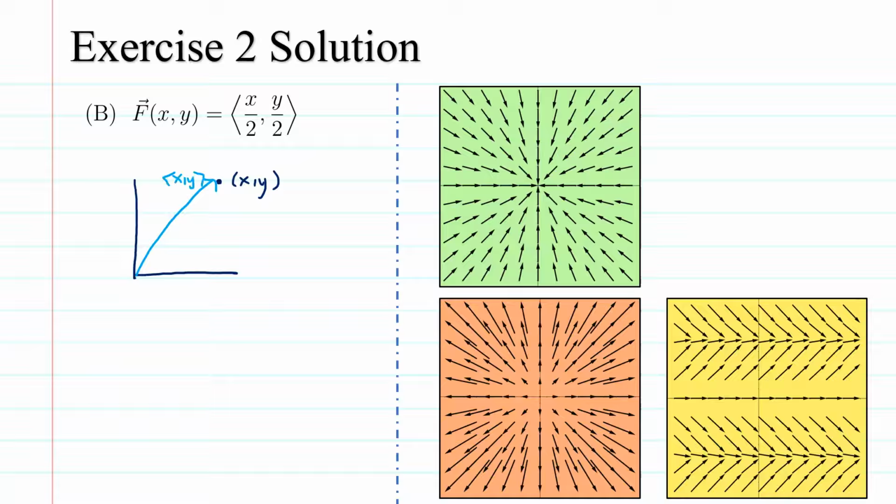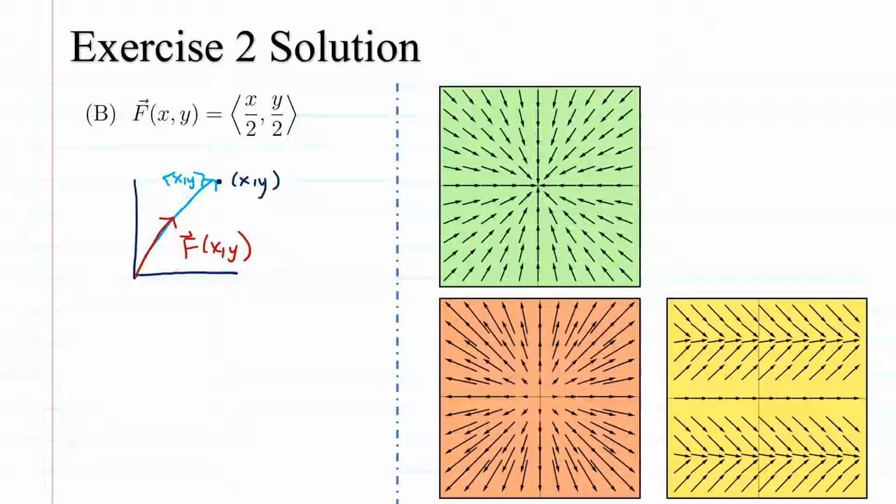Tapos take note, yung ating f of xy na given ay half or 1/2 times the vector xy. So that yung f of xy natin, kapag drinaw from the origin, it will point to the same direction as xy pero half yung length. So ito si f of xy.